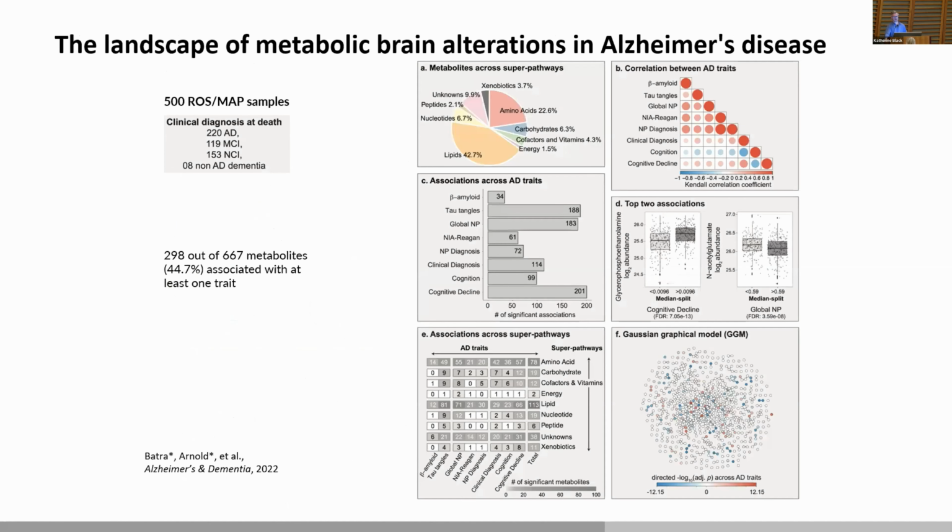There was a paper recently published, and it's specifically interesting because this is on brain data. Post-mortem human brain, about 500 samples, which is, of course, a difficult specimen to obtain, very precious samples.